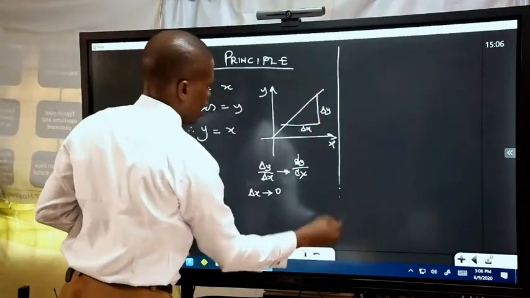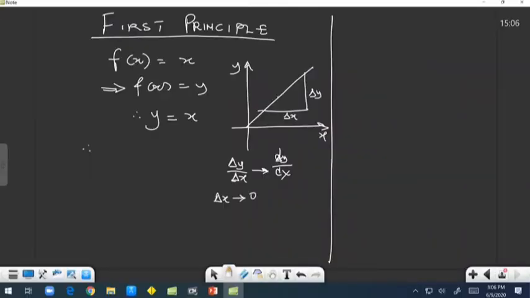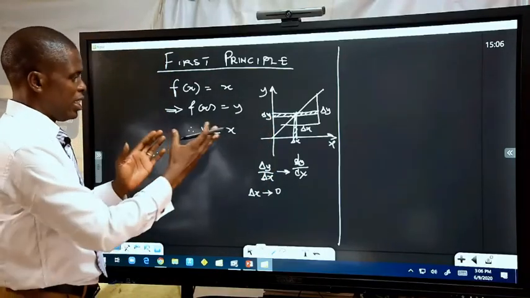So that means if we have to solve this, if there is a small change in y, it will result in a small change in x at this point. So we can call this delta x and call this delta y. So delta y and delta x are the changes we are looking at in the expression.